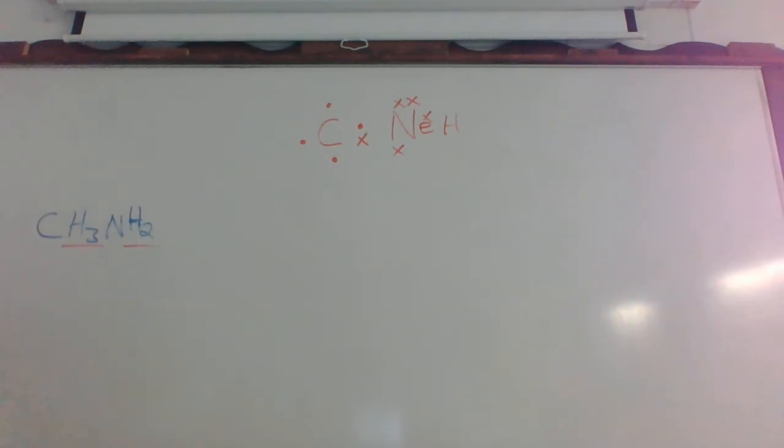So I said I was going to hand them out. What I want you to do is look at this. Some of these compounds are on here twice, but that means one has to be done with a triple bond, the other one has to be done with a double bond.